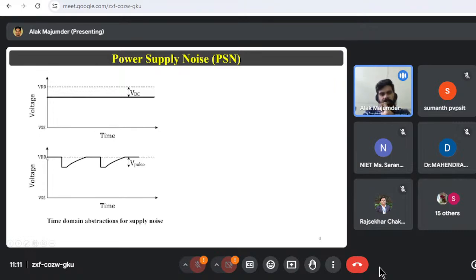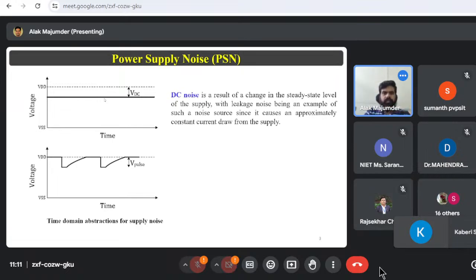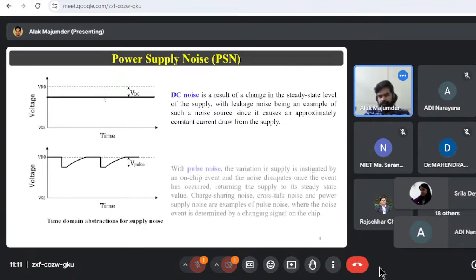Because here the value is VDD, but here the value is quite lesser. So here also the value is quite lesser. So the moment we do the segmentation and find out the average value, it will come like this only. The VDC will be somewhere here. But the point is we are going to see what impact it can give in the circuit. So these kinds of voltage fluctuations are actually called supply noise or DC noise.